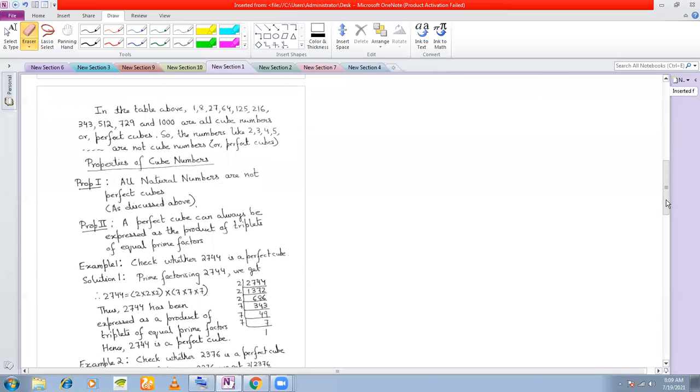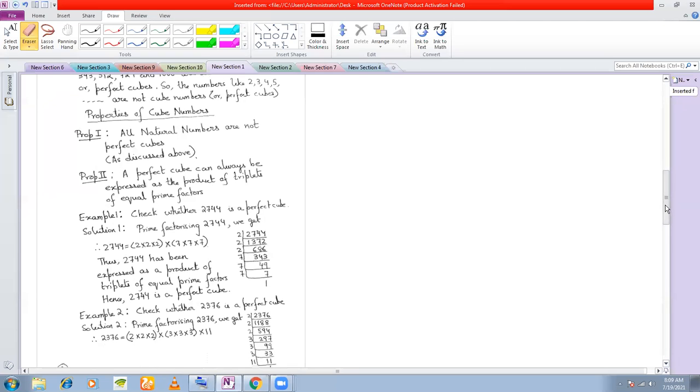Moving to the next one, properties of cube numbers. First property here is that all natural numbers are not perfect cubes. Obviously, is 2 a perfect cube? 2 is not a perfect cube, right?